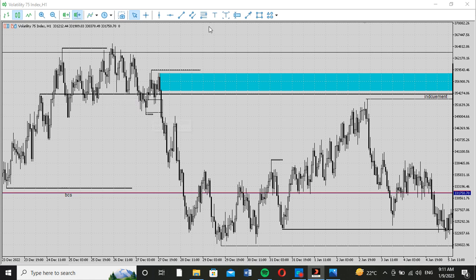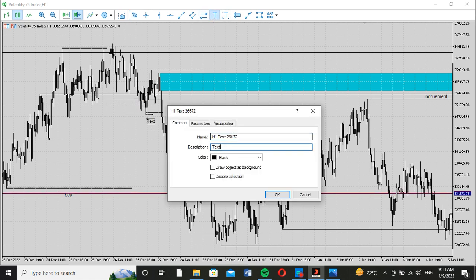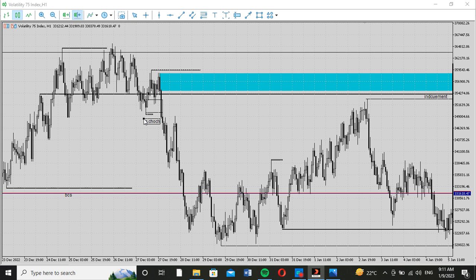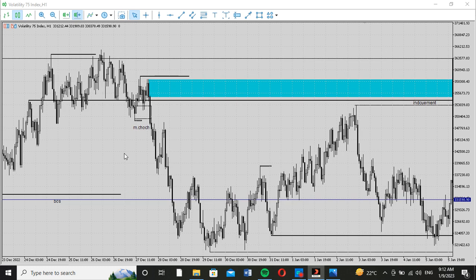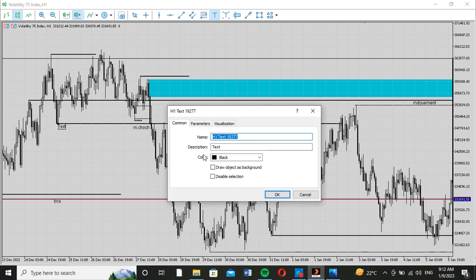All right, so we are having a minor change of character right here, a minor change of character right there, before we have the major break of structure right there. But then the extra confluence also is another area of confluence, which is support and resistance flip.